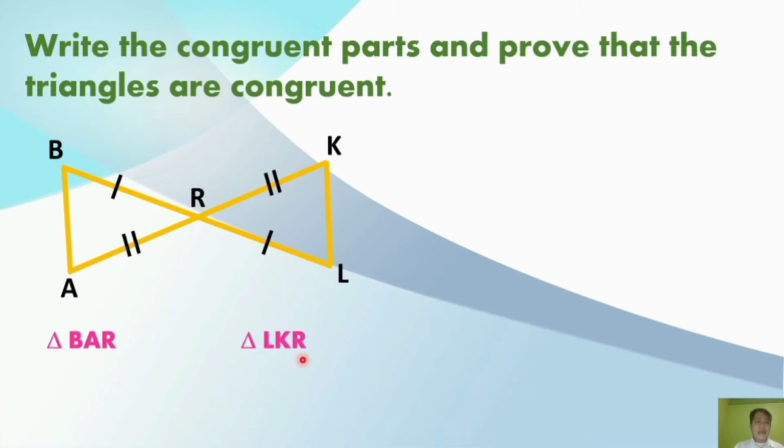As you can see, how many pairs of corresponding parts are marked congruent? Yes, your observation is correct. We have 2 pairs of corresponding parts. But is that enough information to conclude that the 2 triangles are congruent?